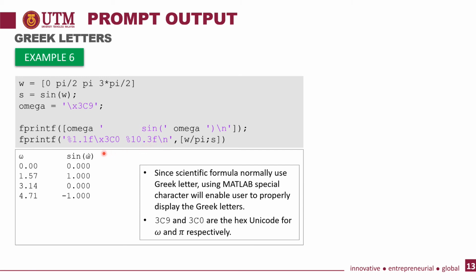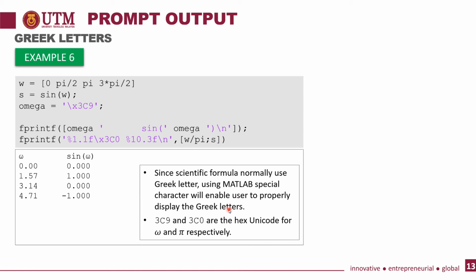You can see here that we have two different placeholders. The first placeholder refers to omega over pi, and the second placeholder refers to variable s, which is referred to here. Since scientific formulas normally use Greek letters, using MATLAB special characters enables the user to properly display the Greek letters. This subject is all about scientific programming, and scientific programming is all about equations and symbols.